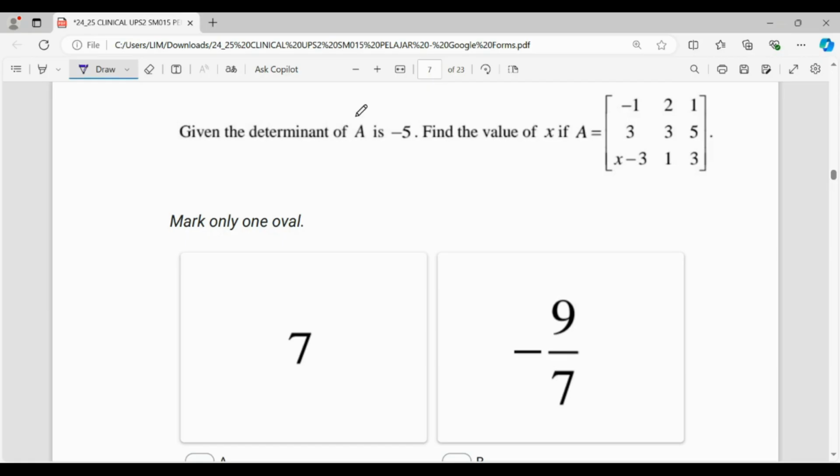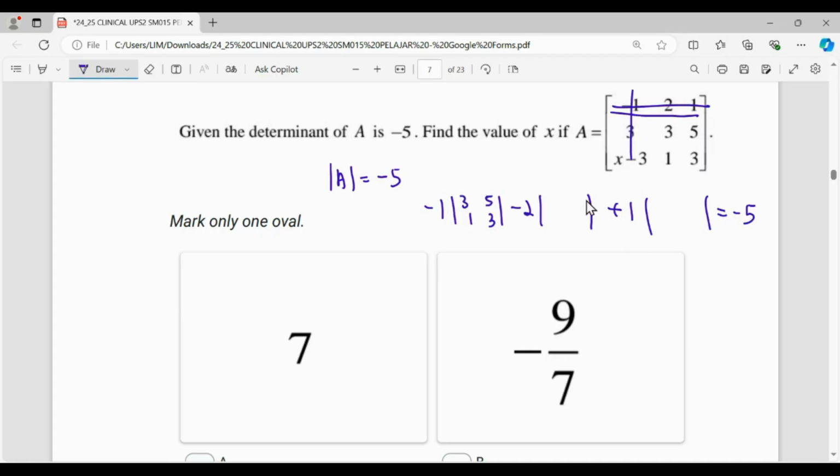Given that the determinant of A is negative 5, find the value of x. By expanding the first row, A11 minus 11, minus A12 minus 12, A13 minus 13, this determinant equals negative 5. So eliminate the first row and first column, copy paste, and vertically we have x minus 3, 3x minus 3.